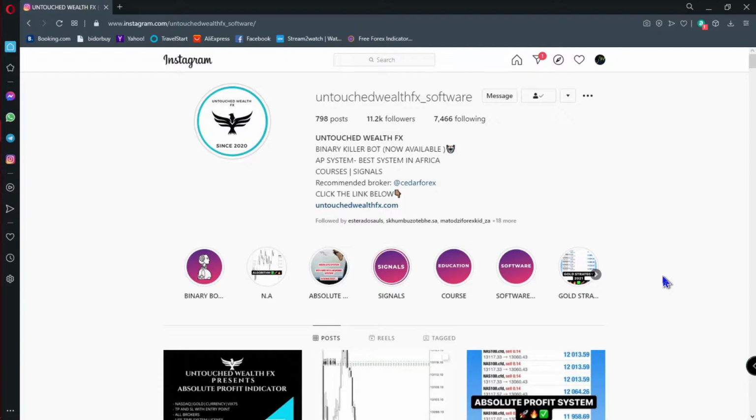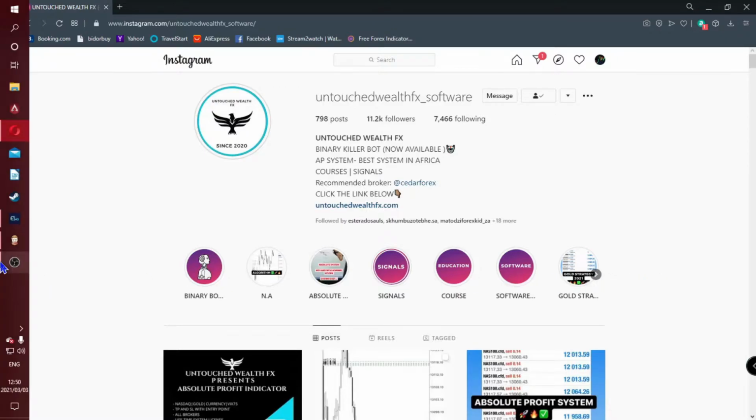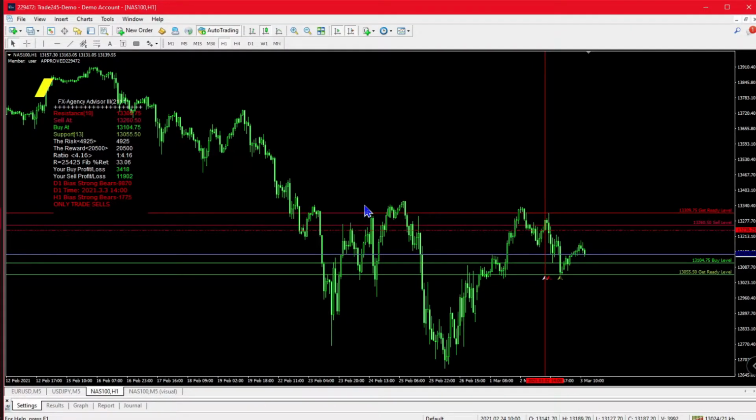The software, which we can see over here, tells you the high and low in a specific range. It does move, just be careful of that. It will give you your buy level and your sell level. So for this system, this is your entry points.